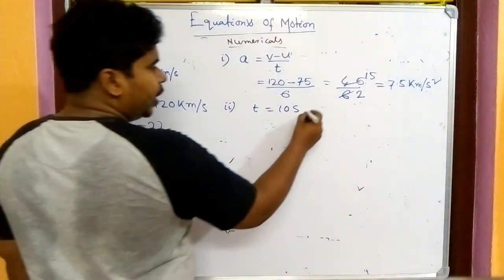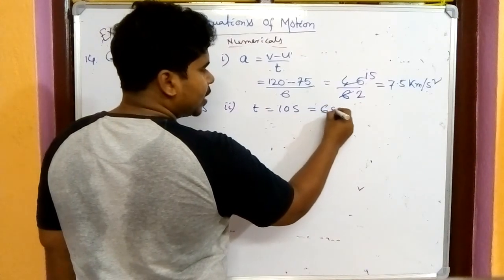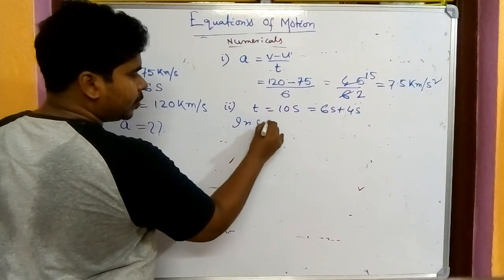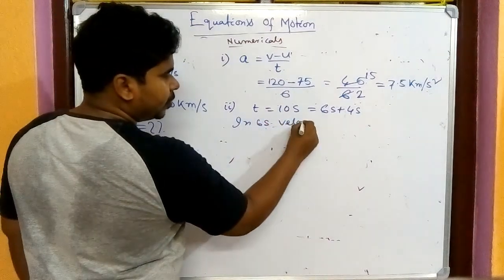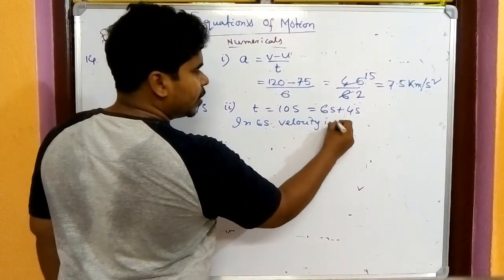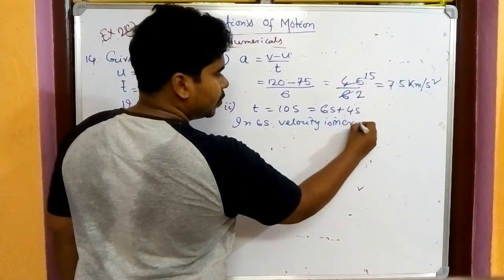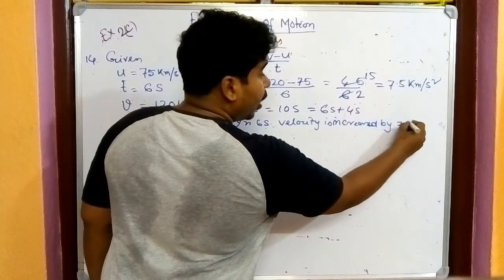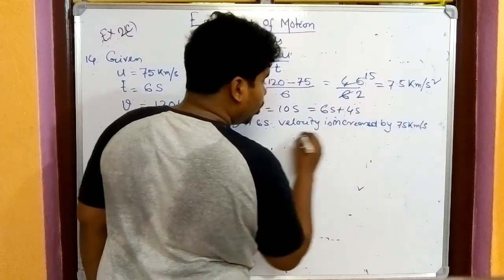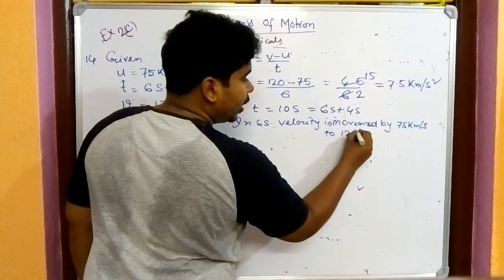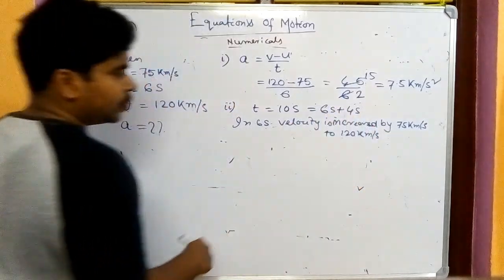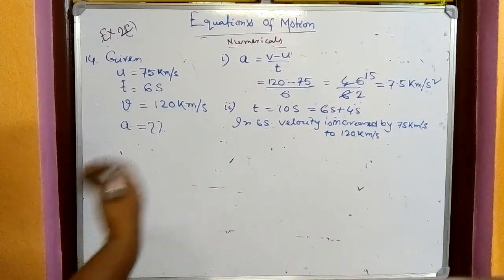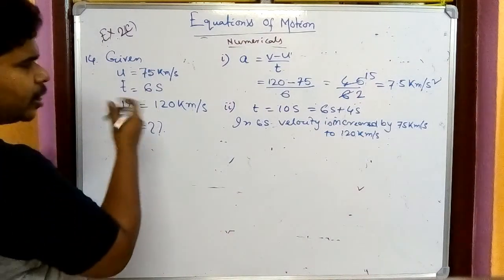The 10 seconds is divided into 6 seconds plus 4 seconds. In the first 6 seconds, the velocity is increased from 75 kilometer per second to 120 kilometer per second, which we have seen already.